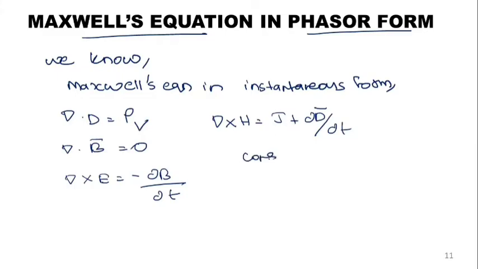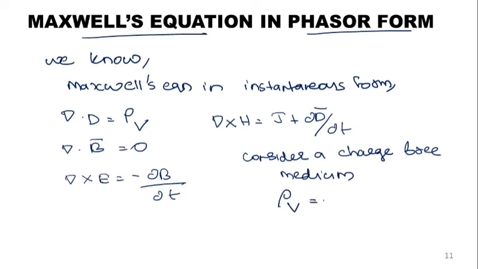If you are considering a charge-free medium, that means volume charge density rho V will be equal to 0, then the equations will be updated to del dot D equal to 0, and also you can write del dot E equal to 0.